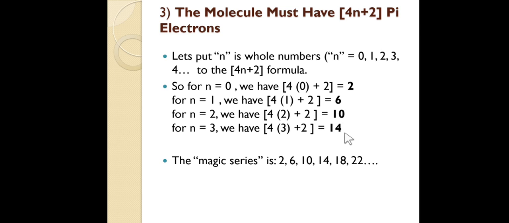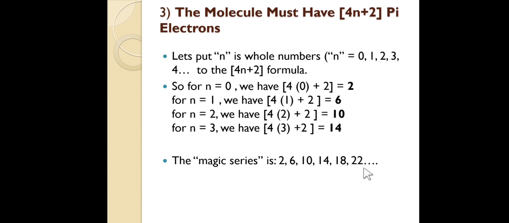Then 3 will be 14 pi electrons, 18 pi electrons, 22 pi electrons and so on. So these are the magic numbers which are responsible for the aromaticity. So if a compound has 2, 6, 10, 14, 18, 22 and so on pi electrons, then that compound is liable for the aromaticity if it obeys all the criteria of the aromaticity.